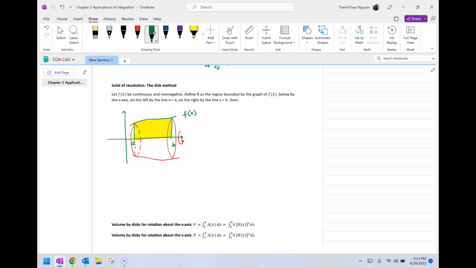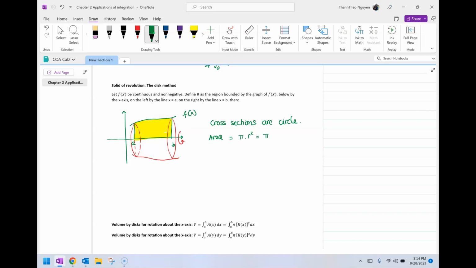So the cross sections are circles. The area is equal to pi times r squared.